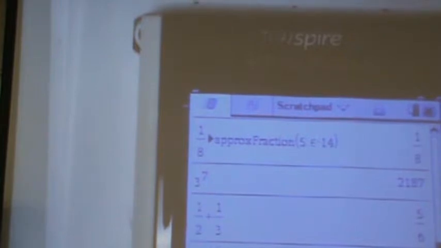So if you did 16 raised to the negative 2.5 power, you get that decimal right there, 0.000977. But that's not the answer I want.